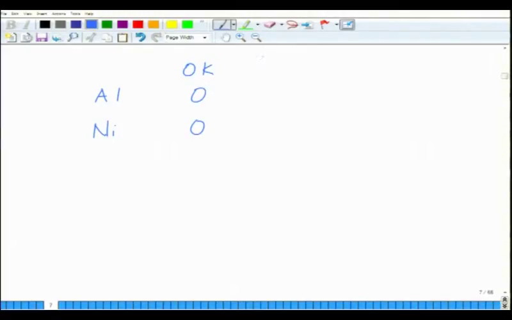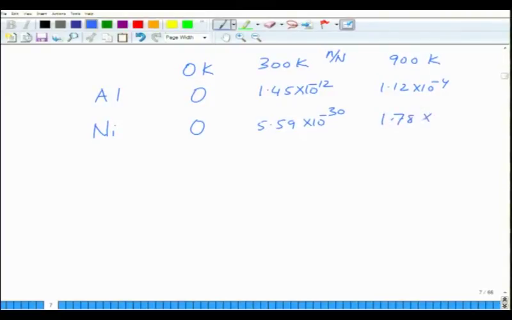At 300 Kelvin, aluminum will show you 1.45 into 10 to the power minus 12 fraction of vacancies, so this is basically n divided by N. For nickel this happens to be 5.59 into 10 to the power minus 30, and at 900 Kelvin this happens to be 1.12 into 10 to the power minus 4 for aluminum and 1.78 into 10 to the power minus 10 for nickel. So you can see that as the temperature is increasing, there is an exponential increase.